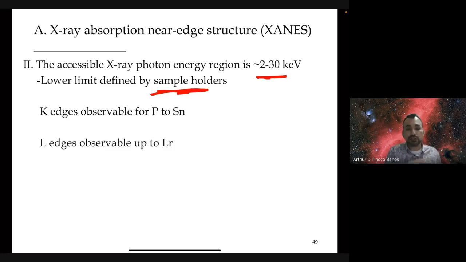Okay, and so the general ones that you're going to see, and this is just a brief list, right? The K edges are observable for these elements. The L edges are observable for the elements here. Again, you can look at a specific energy range and it would correspond to a certain element. All right, so that's a really valuable use of this technique.